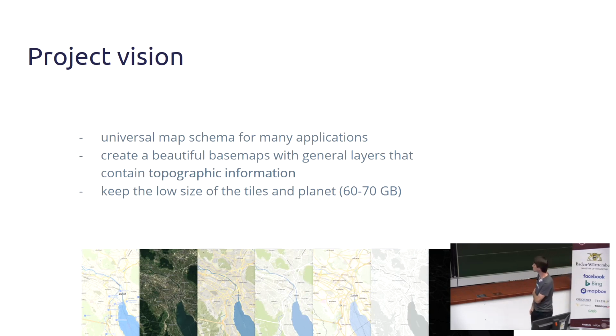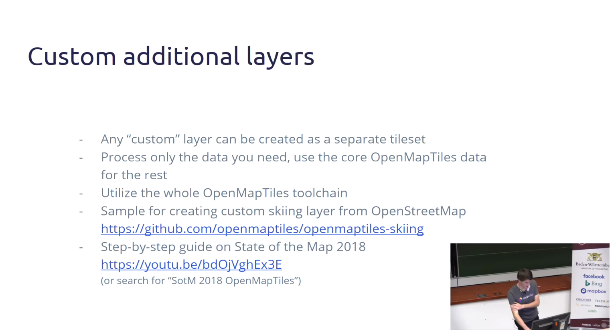We are trying to keep the size somehow low, between 60, 70 gigabytes, and have just some base map which contains the important topographic information. And for the rest, there will be these custom additional layers.